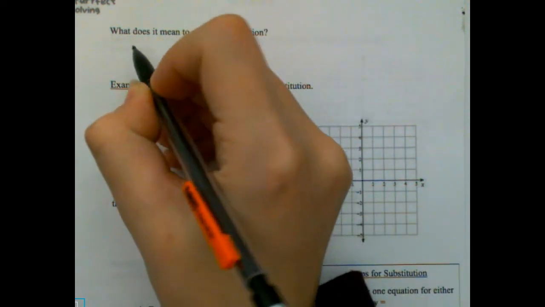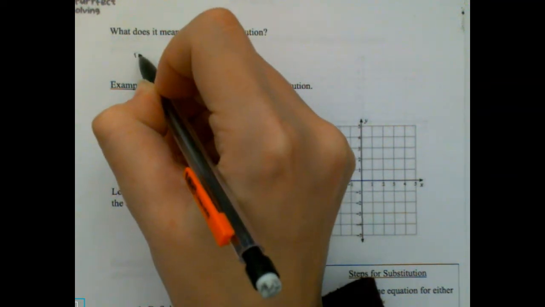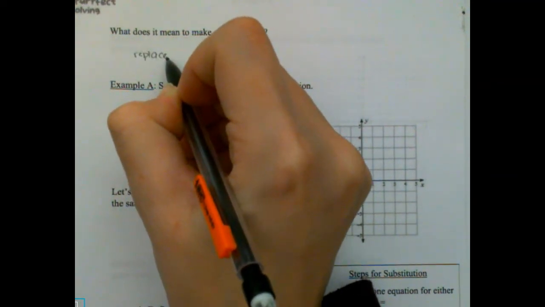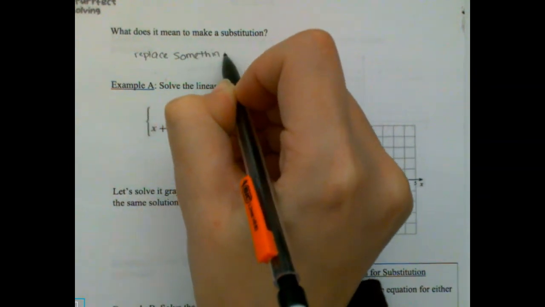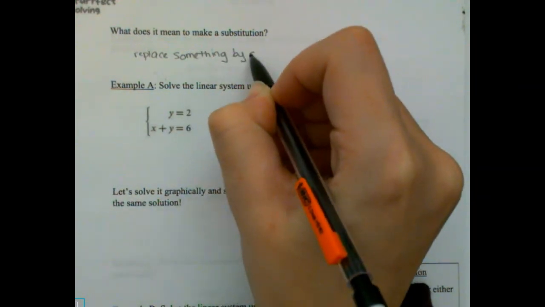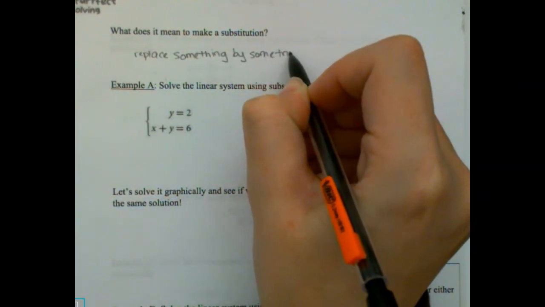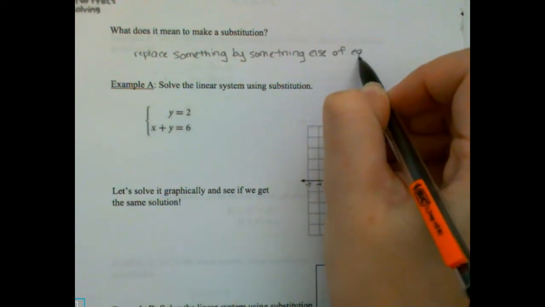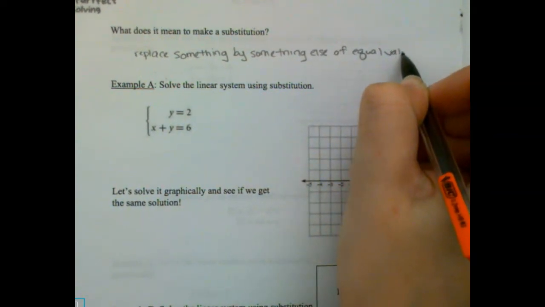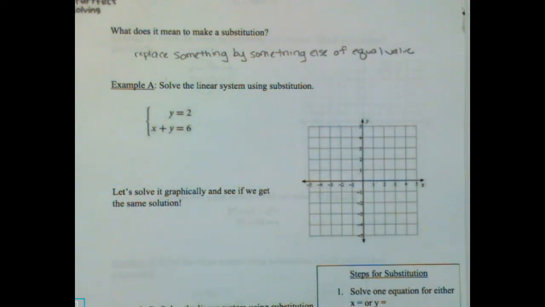So in general, a substitution is to replace something by something else of equal value. So that's the general idea of substitution. You're just replacing one thing that has the same value.